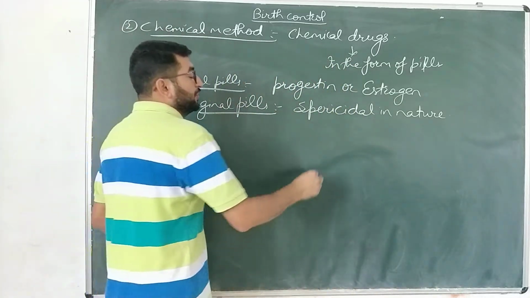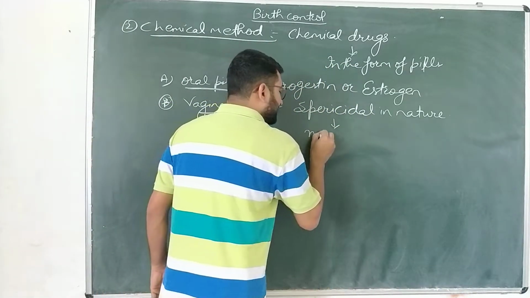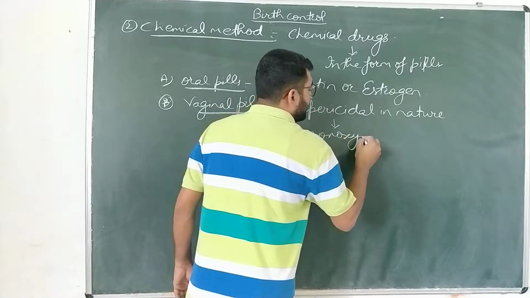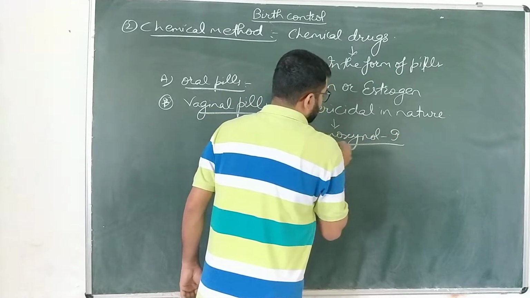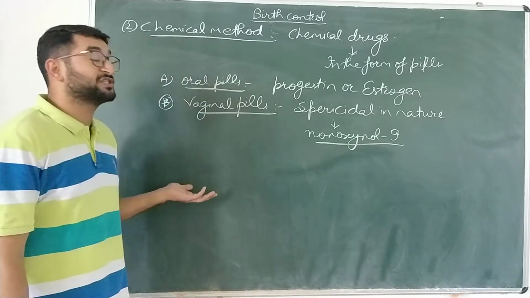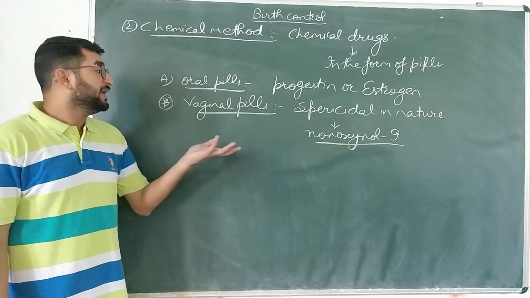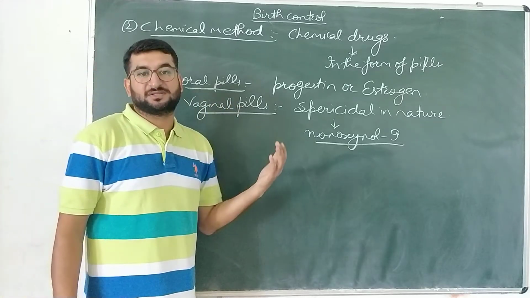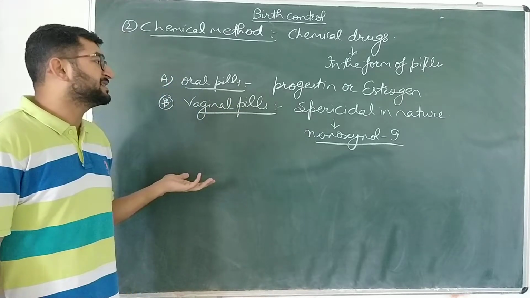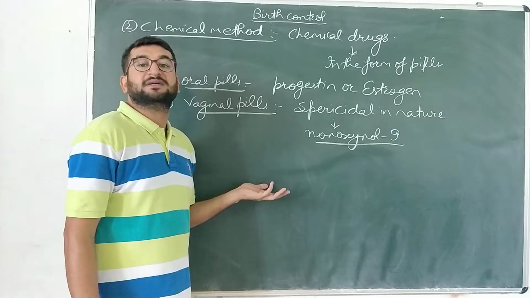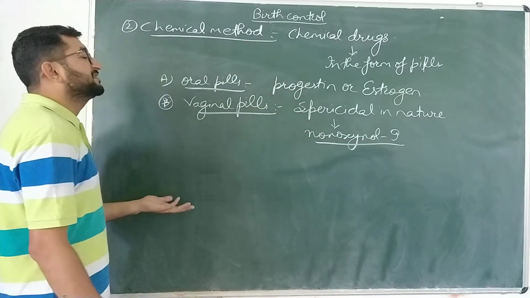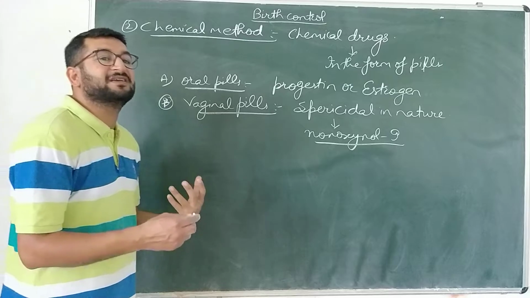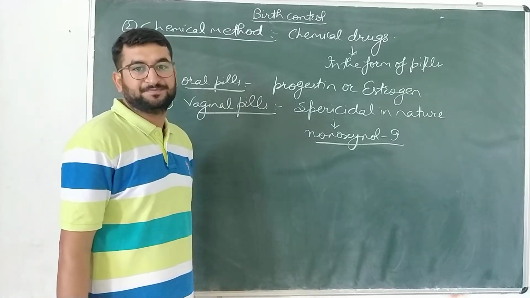One of the most commonly available spermicides is nonoxynol 9. It is a chemical which is used to kill the sperms. They do not allow the motile sperms to go to the uterus, and hence fertilization cannot take place. So that's how these chemicals help in preventing unwanted pregnancies.